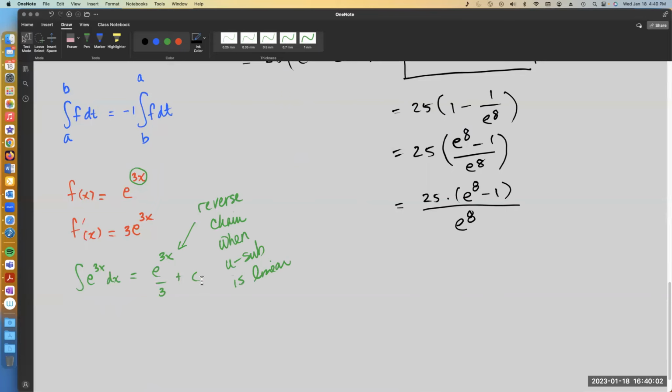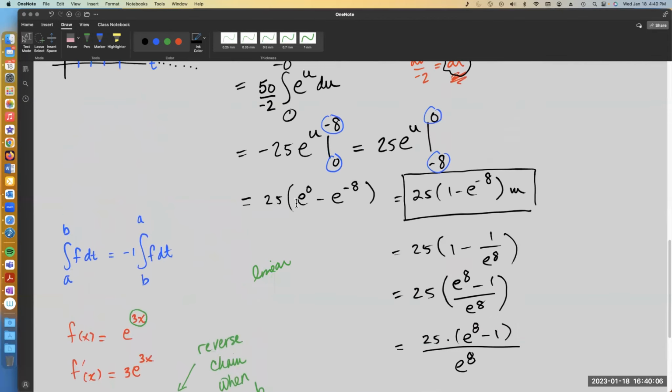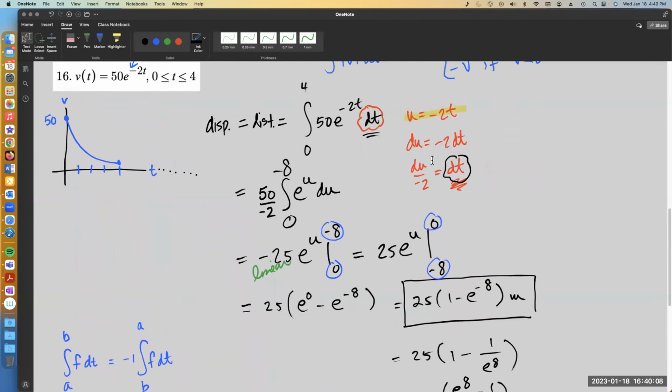When you have a linear u sub, you don't need to do u sub. You can save these 3 steps. It's actually more than 3 steps if you have a definite integral, because then we had to convert the limits also.